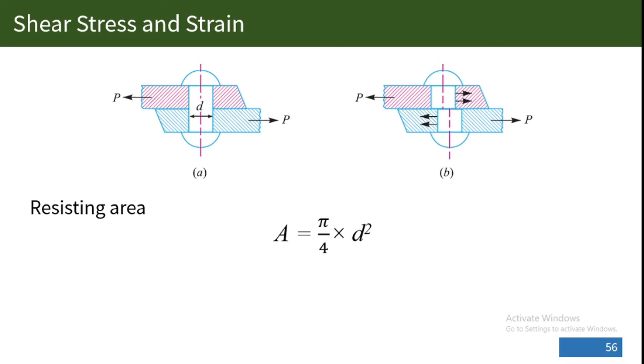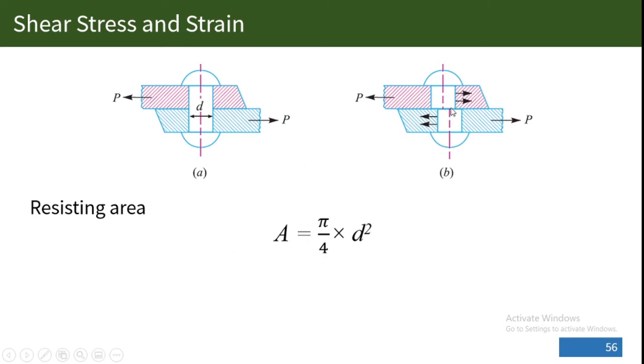Okay. So you might be confused about what the resisting area is for this particular arrangement. Let's take a look back at the two figures. So what area is sheared off, that tends to be sheared off when applying these forces? So the resisting area is equal to the area of the cross section of the rivet.